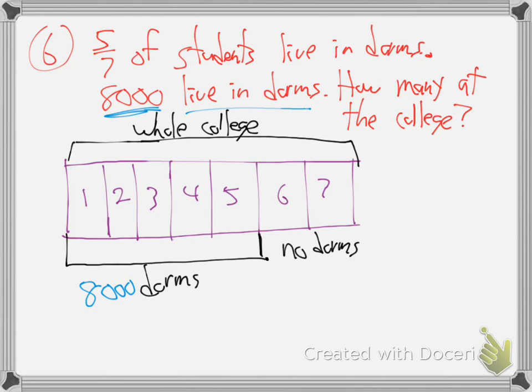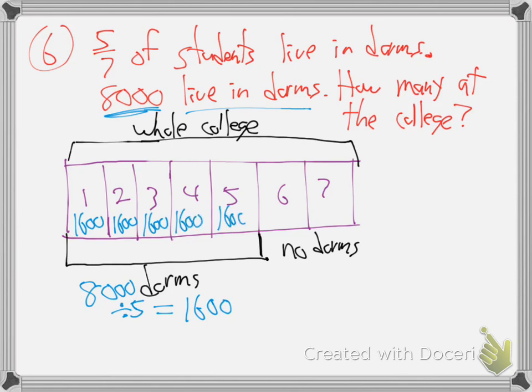And there's 8,000. So how much is each of these boxes? If there's 8,000 in the dorms, 5 boxes, I've got to divide it. Do it with your calculator, right? Just divide 8,000 by 5 and get, this is 1,600, I think. So that means this is 1,600. This is 1,600. This is 1,600.